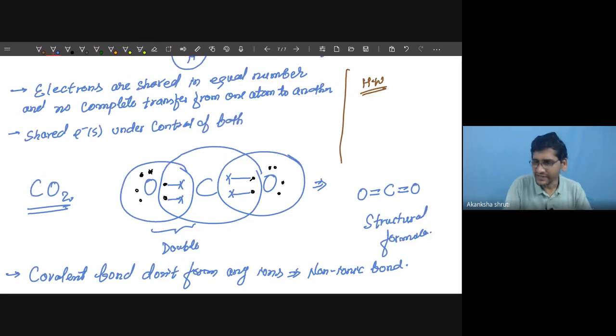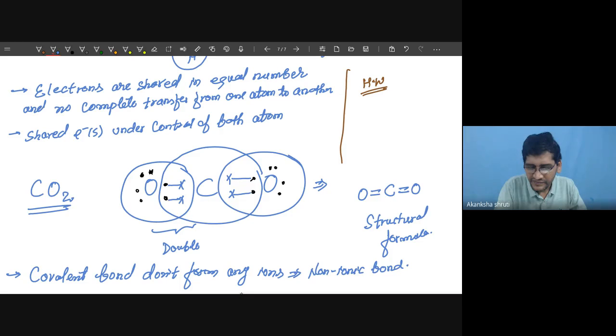Meaning whatever the combining atoms, say for this carbon and oxygen, the 2 electrons are shared with one oxygen and the other 2 electrons with the other oxygen, with both atoms. So such a compound is called a covalent compound.